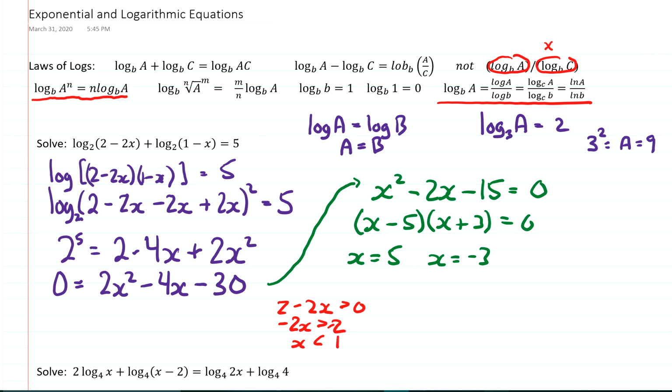And the other statement being 1 minus x, that must also be bigger than 0. So if you rearrange that, you're going to get negative x is bigger than negative 1. And so you actually get the same statement that x must be less than 1. So we must reject the 5. It's too big. And the only answer here would be x equals negative 3.